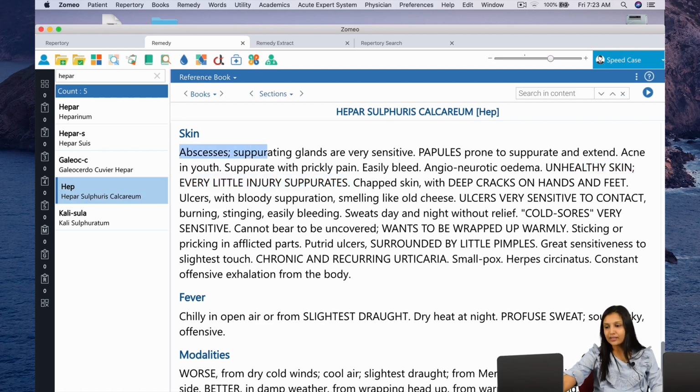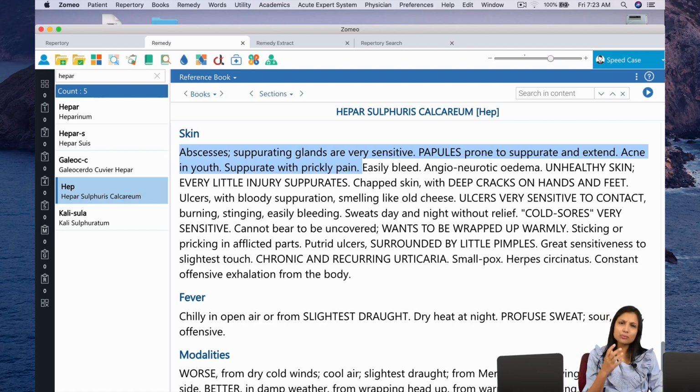And the first line, abscesses. Suppurating glands are very sensitive, papules prone to suppurate and extend, acne in youth, suppurate with prickly pain. So at every level you see a lot of suppuration and putridity.